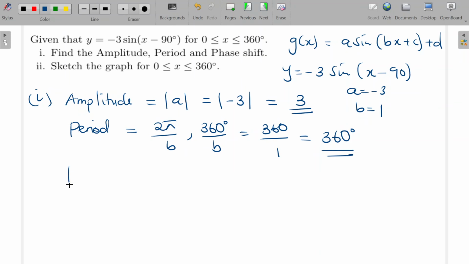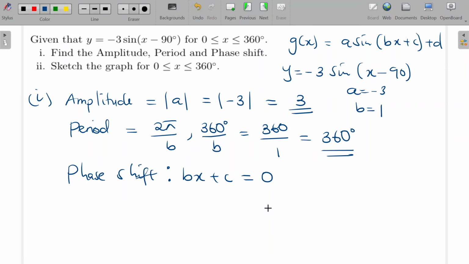Now the phase shift. How do you get the phase shift? For the phase shift, you take BX plus C and equate it to 0.